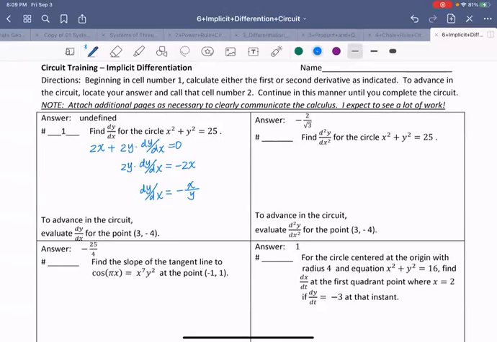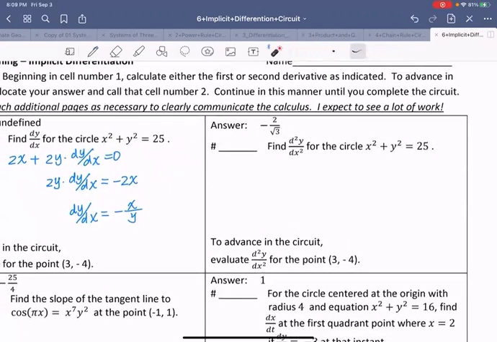Yes. Now we need to do the second order, second derivative. Aidan, let's try this one. How do you want to start?